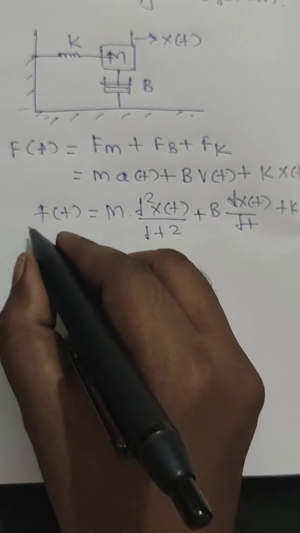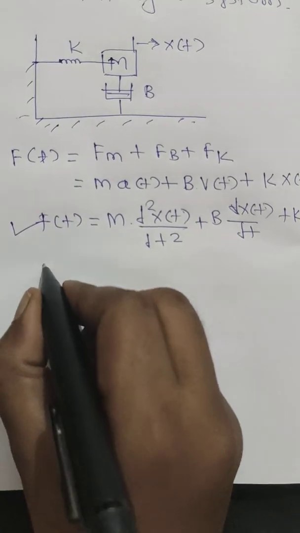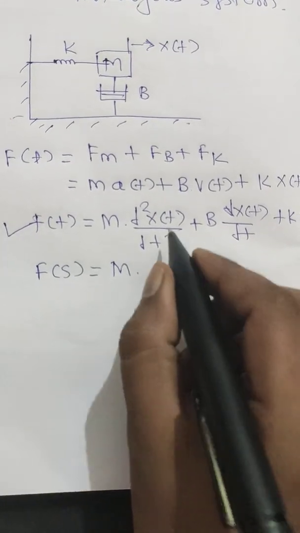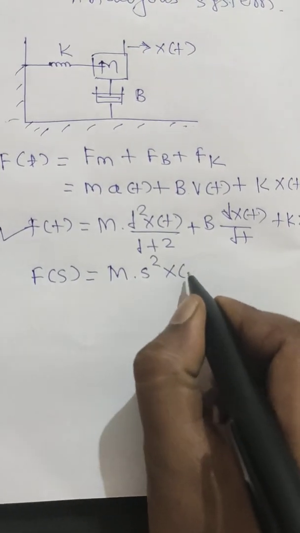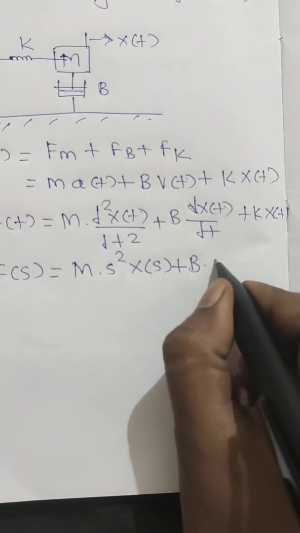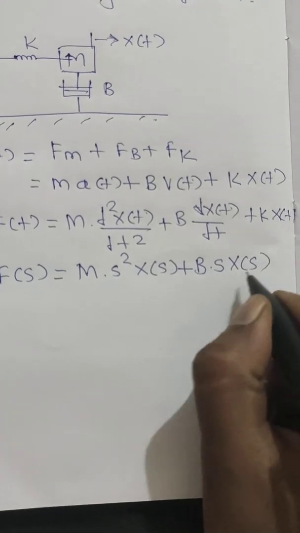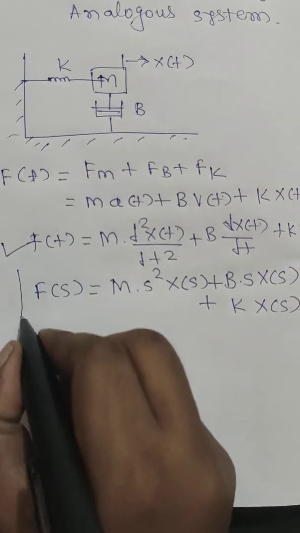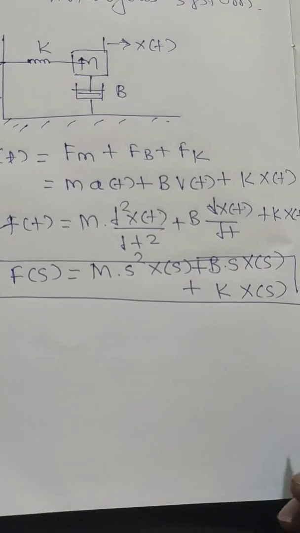So this is the mechanical equilibrium equation in the time domain, and in the s domain it is m into d square by dt square replaced by s square, x of t becomes x of s, plus b into d by dt replaced by s, x of t becomes x of s, plus k into x of s. This is the mechanical equilibrium equation.